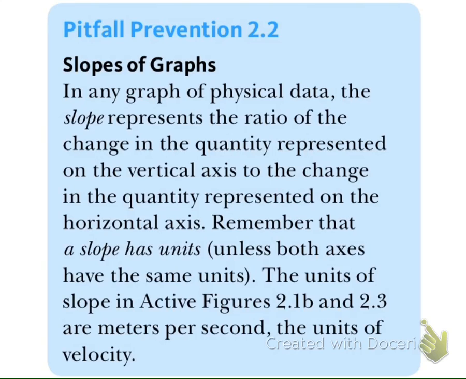Remember that a slope has unit, unless both axes have the same unit. This is important. The unit of slope here for the instantaneous velocity is meter per second, which is of course the unit of the velocity.